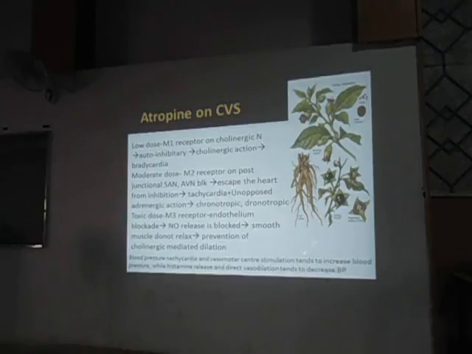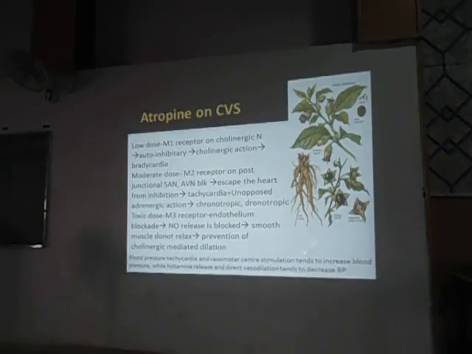At moderate dose, M2 receptors on the post-junctional SA node and AV node, the heart escapes from the inhibition of the vagus. Vagal acetylcholine action is inhibited. Then what we get is tachycardia and unopposed adrenergic action. That is the chronotropic and dromotropic action we are getting. That's why it forms a part of our emergency kit.